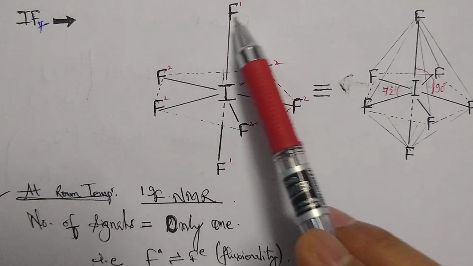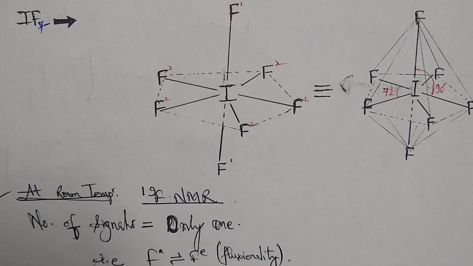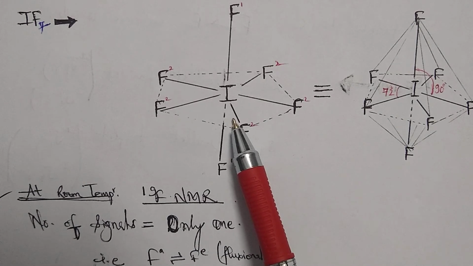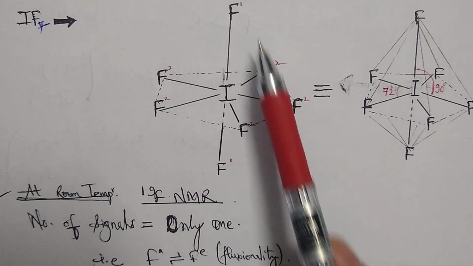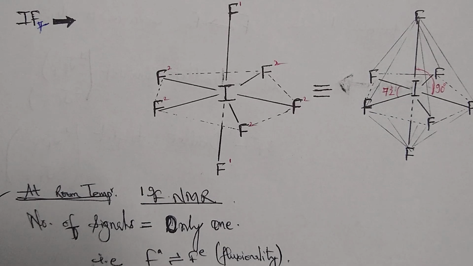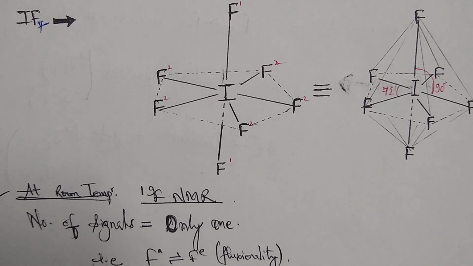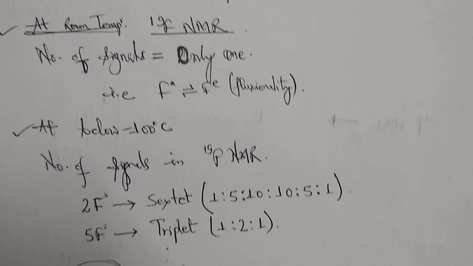They will be exchanging at a very fast rate with each other. So this molecule will show fluxional behavior. All these fluorines at room temperature will look alike, that is, they will be of similar environment at room temperature. So we will get only one signal at room temperature.